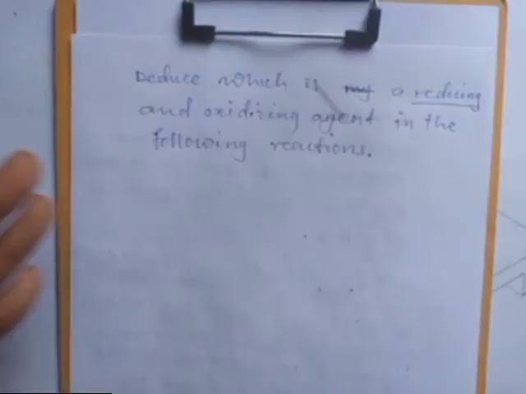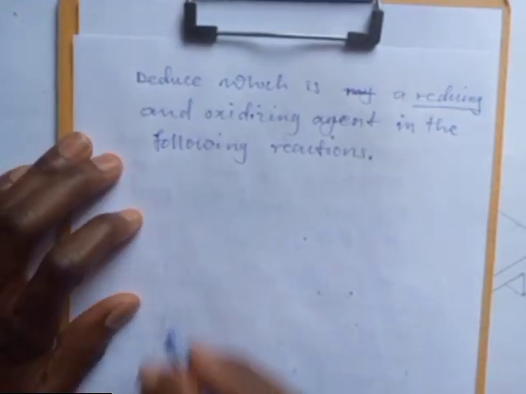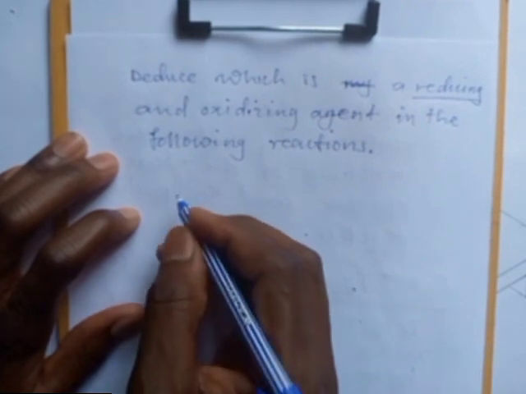Okay, so this question is just telling us to deduce which one is a reducing and oxidizing agent in the following reactions. So like I said, I'll have two different reactions here.